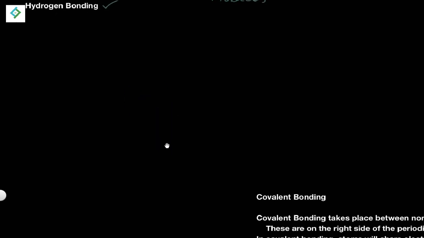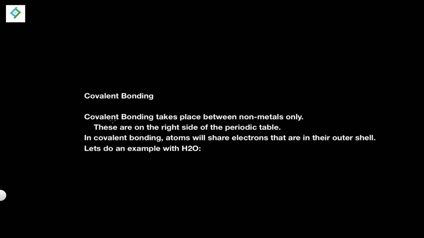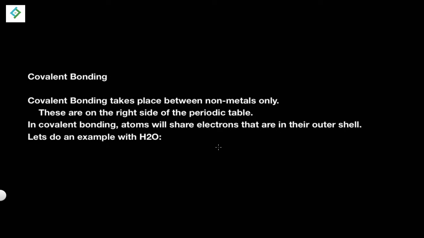And we're going to begin by looking at the concept of covalent bonding and covalency. Now, there are a few different things that you should know, first of all, about where and when covalent bonding takes place. So first of all, covalent bonding only takes place between non-metals, between two elements that are non-metals. So this means that we are talking about the right-hand side of the periodic table.